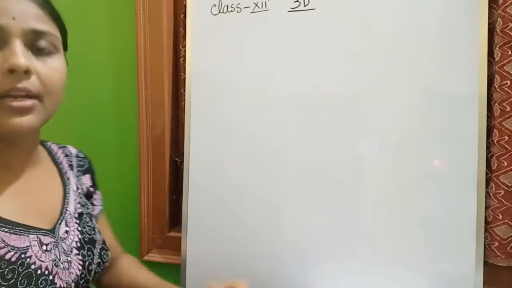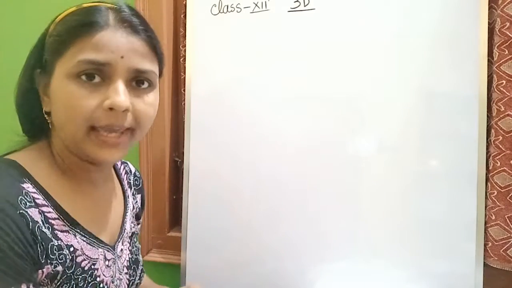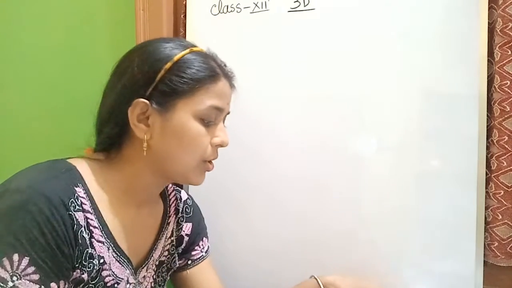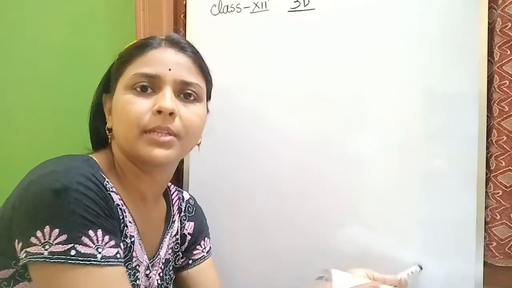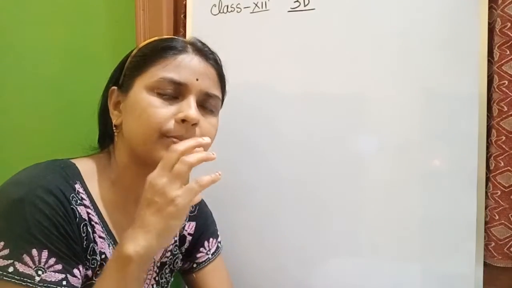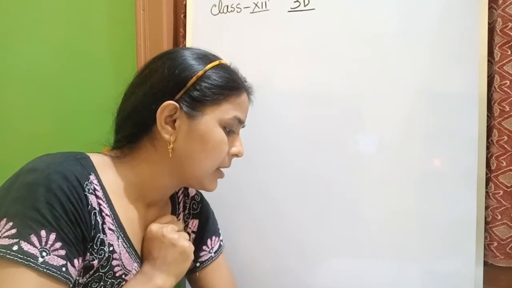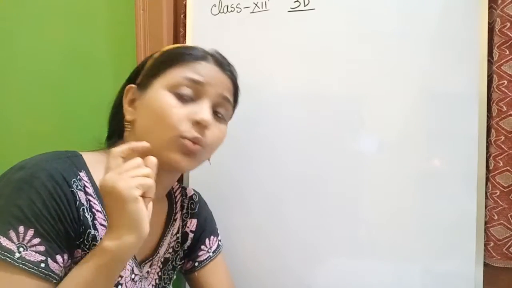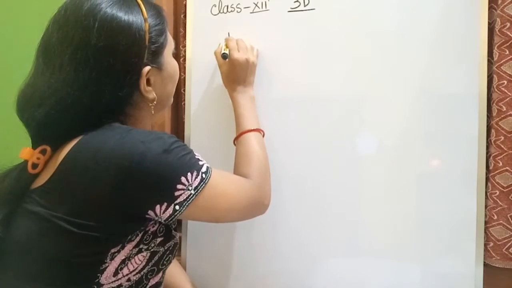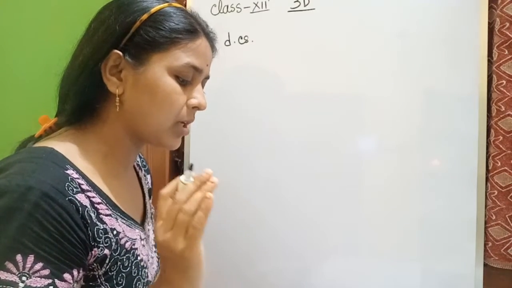Depending on this, there are a few questions that I want to discuss. These are not questions from the exercise. Once we discuss everything, you all can do them. So I want to just discuss some of the questions from examples and all, so that the concept will be more clear. So there is a question: find the direction cosines of the unit vector perpendicular to the plane.